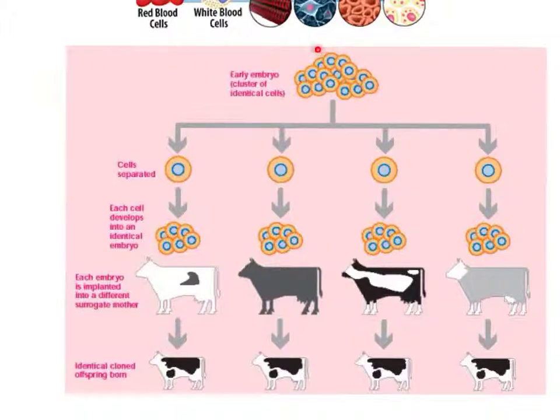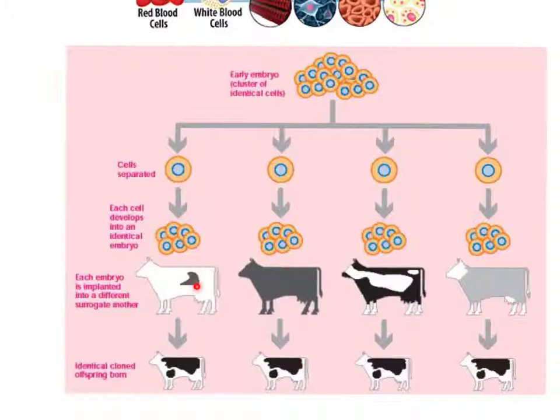Okay, so this would be, let's say, of a cow with a particularly high milk yield that we're interested in. We've got these cells which have been recently fertilized. We then separate those cells into individual cells. We then grow these cells in the laboratory until they reach a size when they can be reimplanted into different surrogate cows.